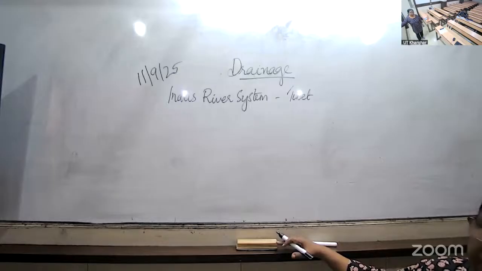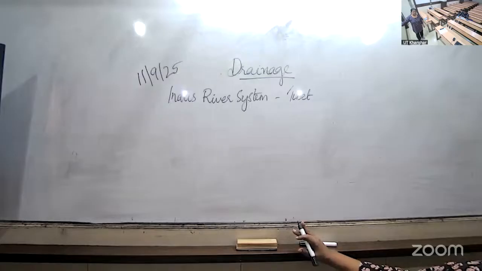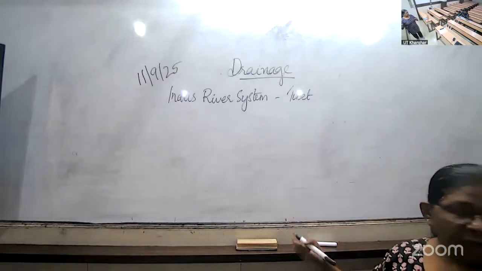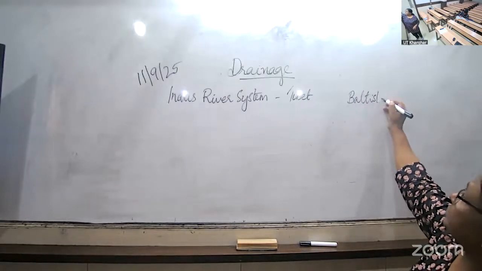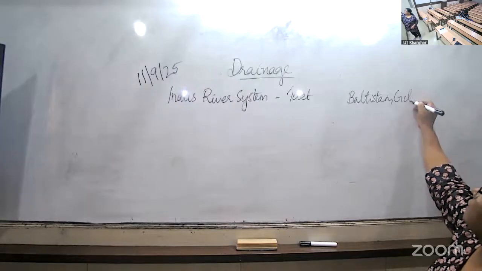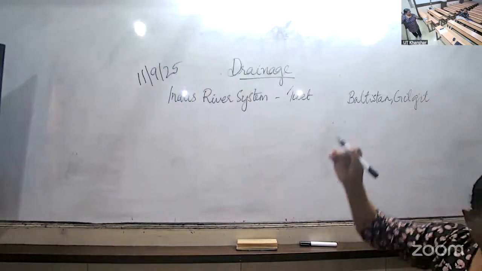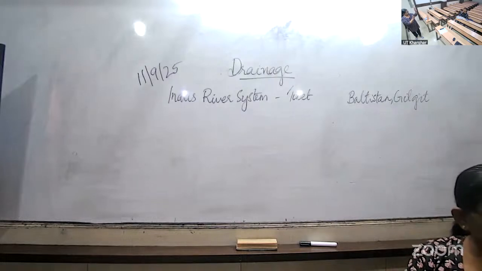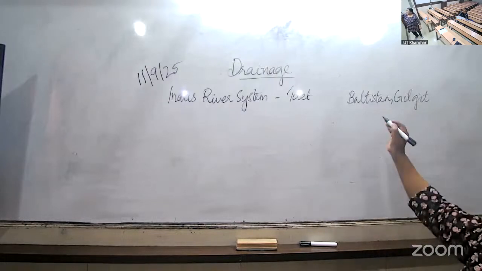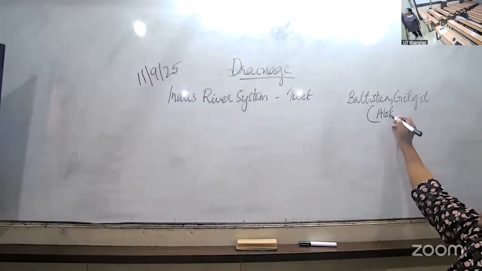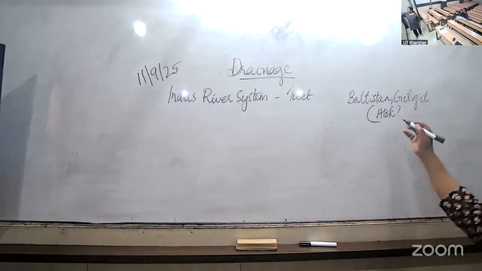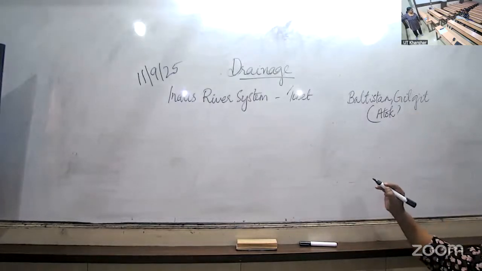The Indus flows through Baltistan and Gilgit and emerges from the mountains at Attock. See, two places, Baltistan and Gilgit. It flows through and disappears. It vanishes and then reappears at Attock. Understood? A-T-T-O-C-K.